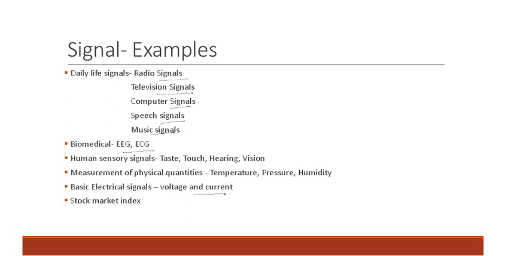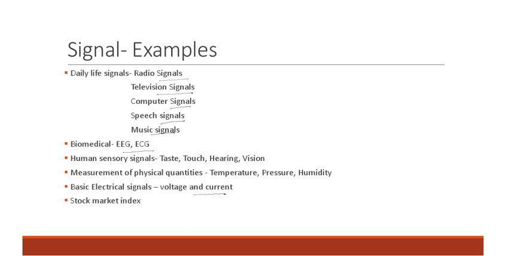If I talk about speech signal, the moment you hear some speech, we get some signals and we start to interpret the speech. And that's why speech signal is something that conveys information. Music. When we hear the music, we respond. So, music is a signal that conveys information.